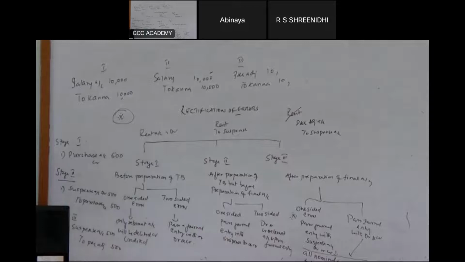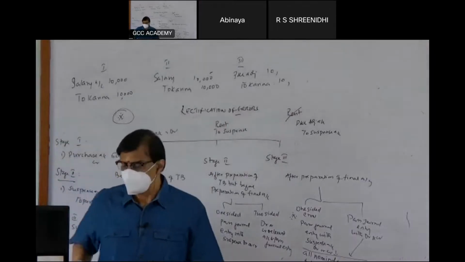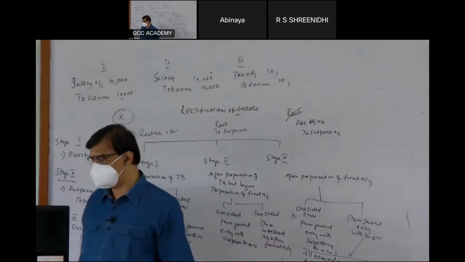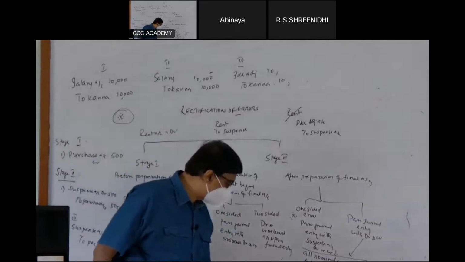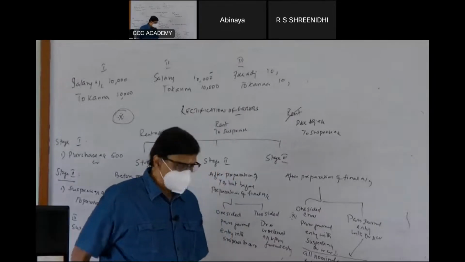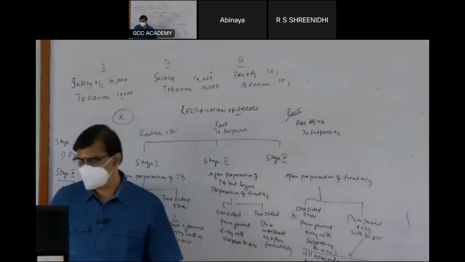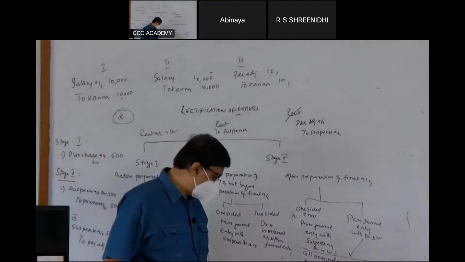The P&L is already determined and completed. So you are bringing it to an account called P&L adjustment. Whereas for the balance sheet item, you have no problem. Okay. All of you are clear about this? The next one.